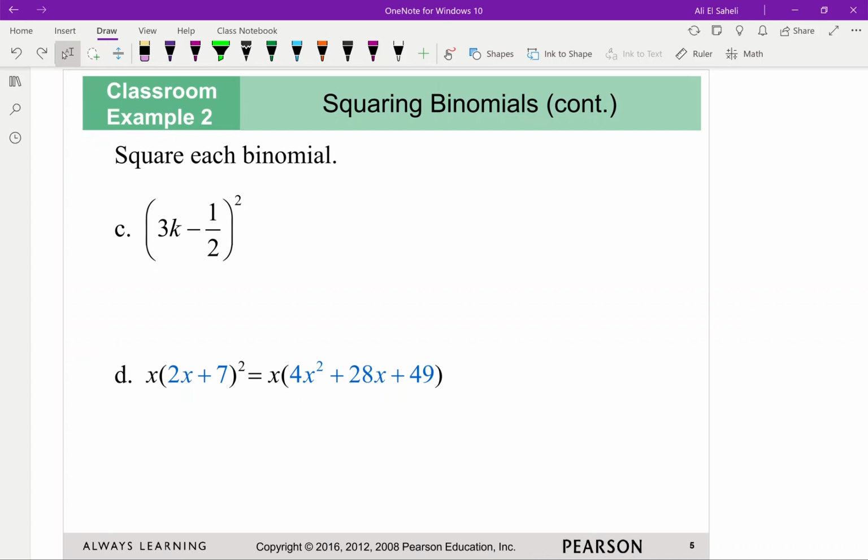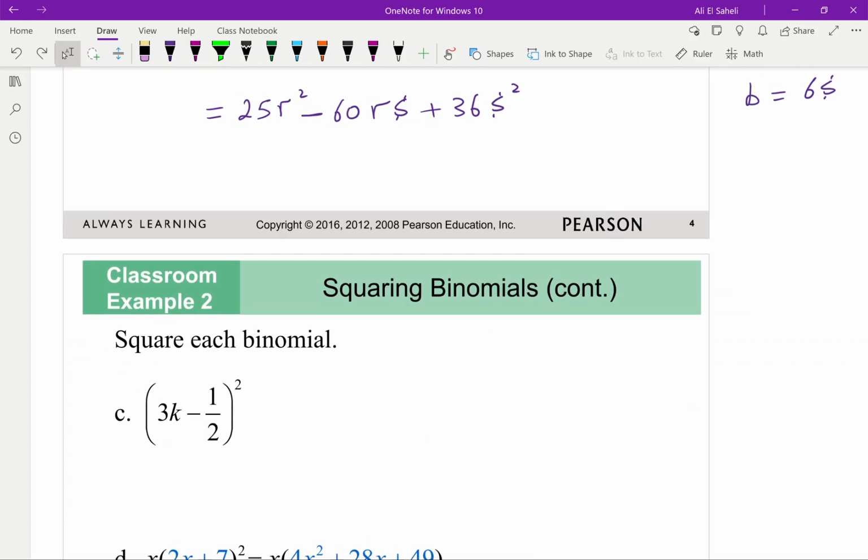This is again a minus b squared, which is a squared minus 2ab plus b squared. Remember, this is always positive. This is always positive.